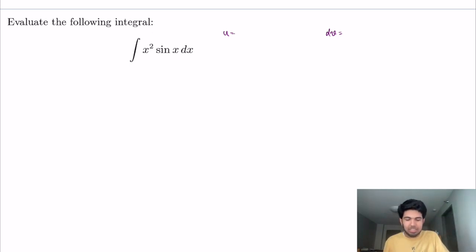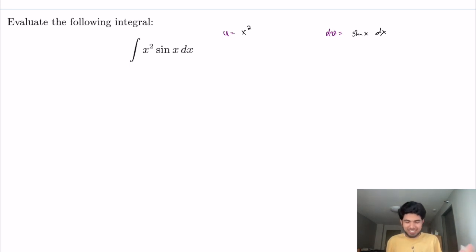Taking the derivative and the integral of sine of x is basically the same thing. We get cosine, and the sign really depends on it. Anyways, we can give that to either one, and then let's give x squared to u. Let's let u equal x squared, dv equals sine of x dx.